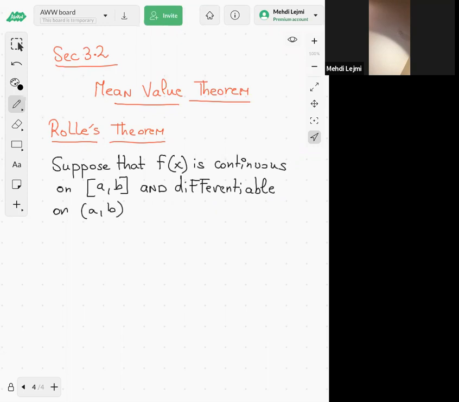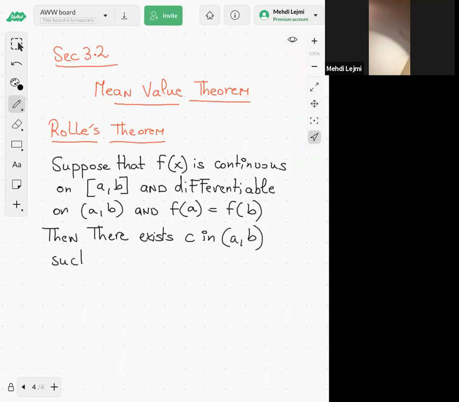And you need f of a to be equal to f of b. Then there exists c in the interval AB such that f prime of c is 0.